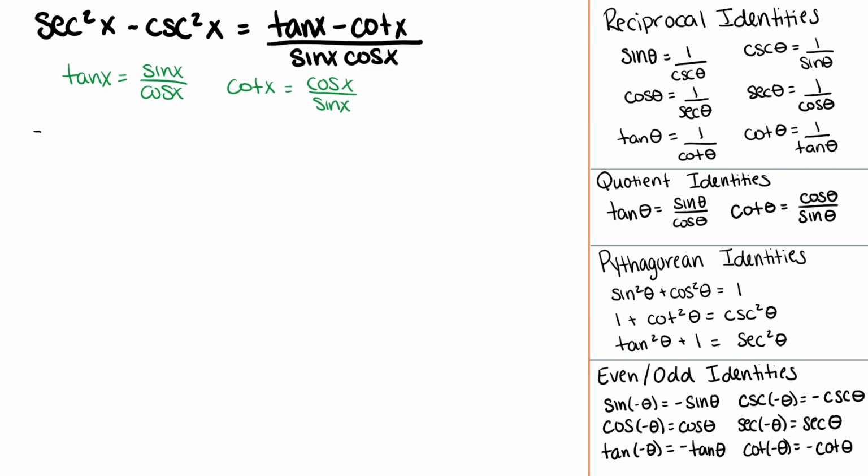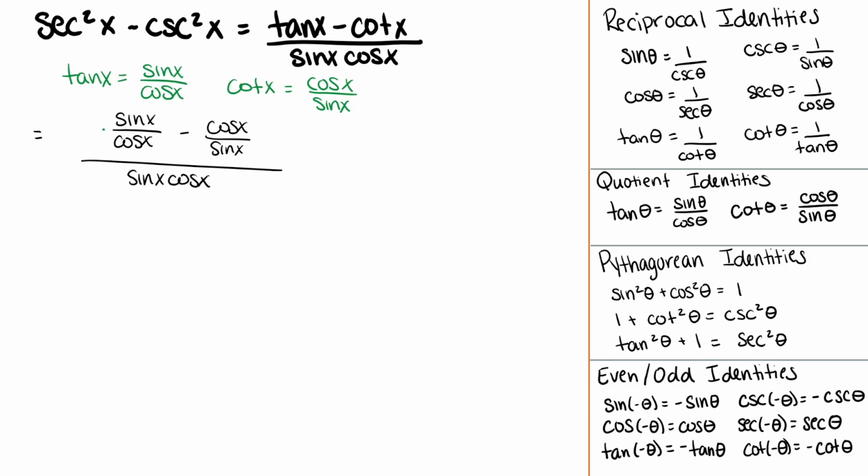So we can rewrite that as sine x over cosine x minus cosine x over sine x all over sine x cosine x. Now we do want to have the same denominator so that we can combine our fractions. That's in the numerator of our fraction.